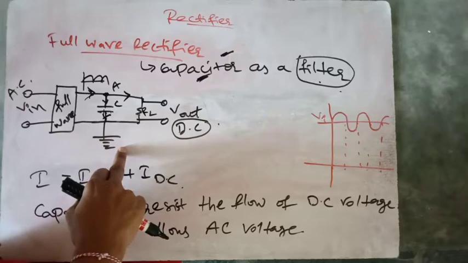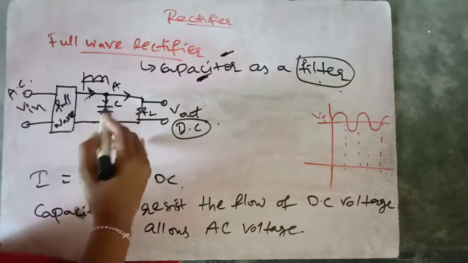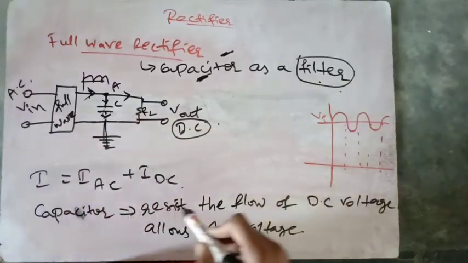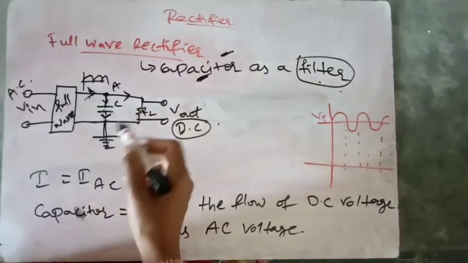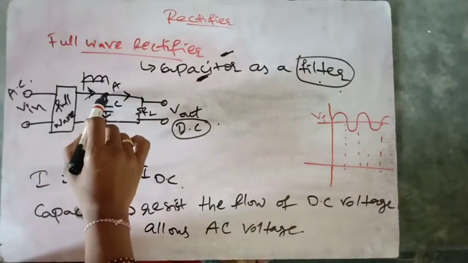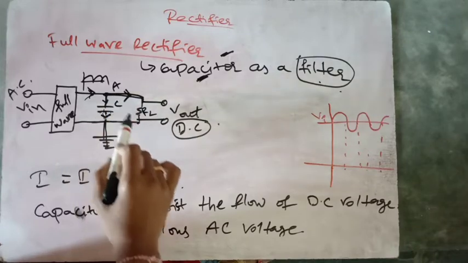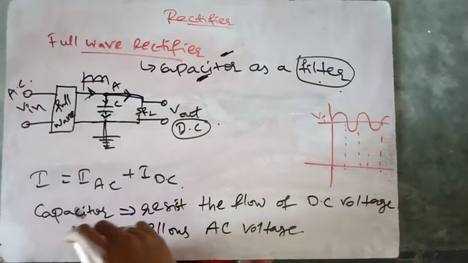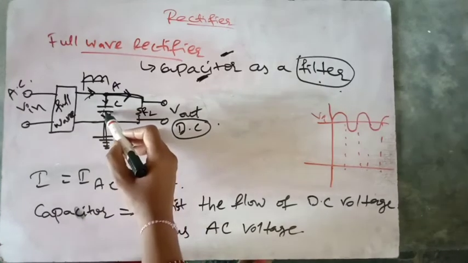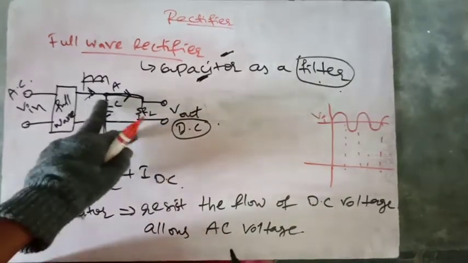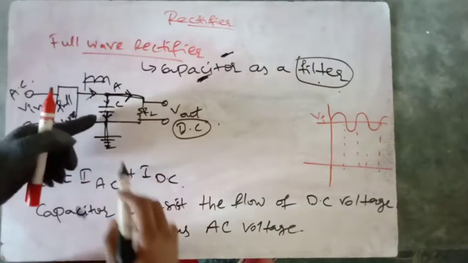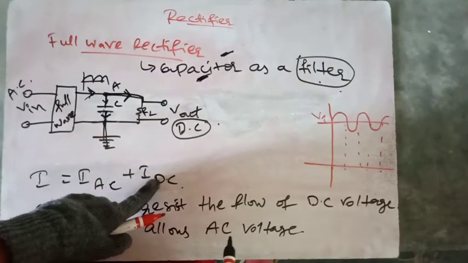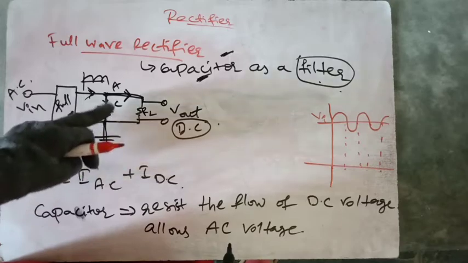And this AC current is earthed. We removed this AC current by earthing this capacitor. Now what are we left with? From this junction, the current flows and reaches the load resistor RL. We removed the AC current using the capacitor by earthing it.